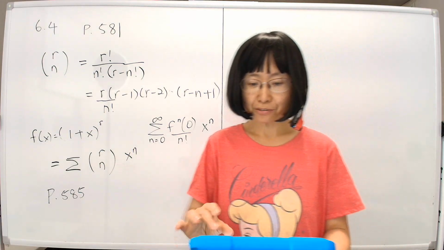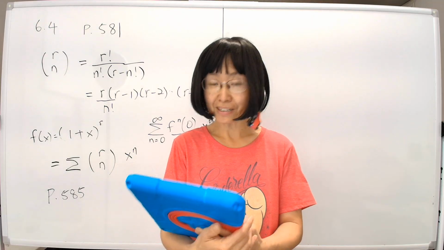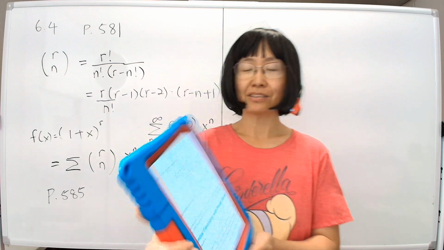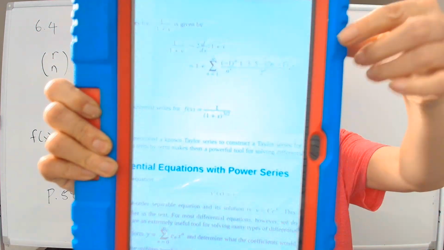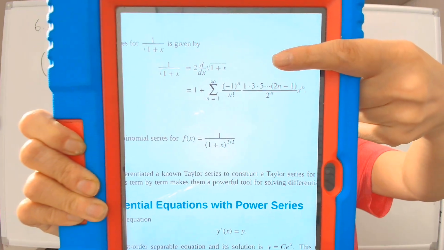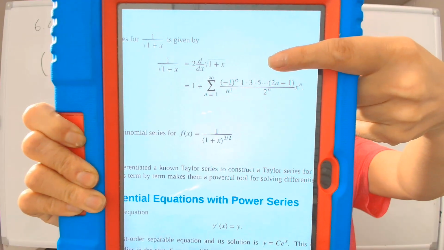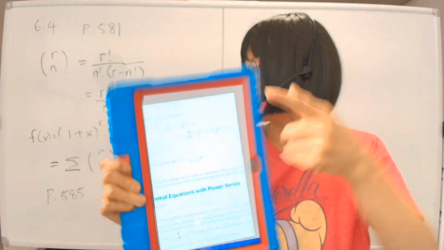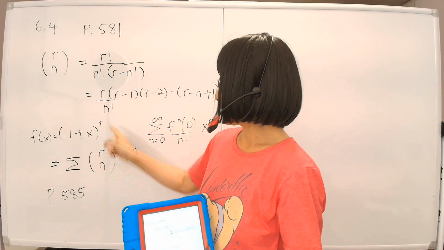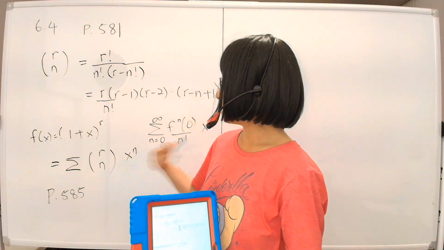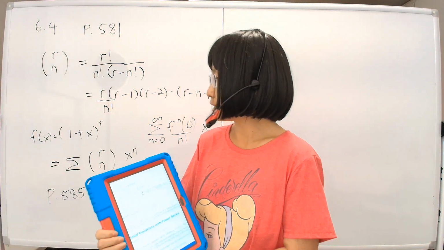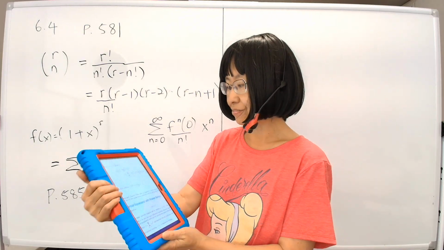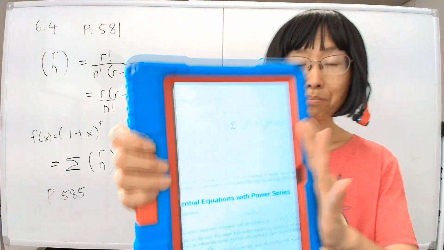So what you're going to do here, your book didn't write it out very much. It kept it really short. But what you're going to do is take the derivative. How are you going to take the derivative? You're going to plug in the square root of 1 plus x with this formula right here, with r equals 1/2. And then you are going to take the derivative of each term in the infinite series, and then come up with this answer.